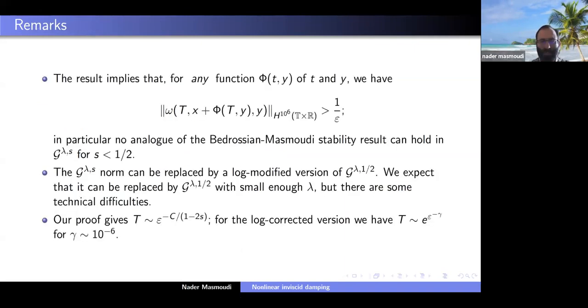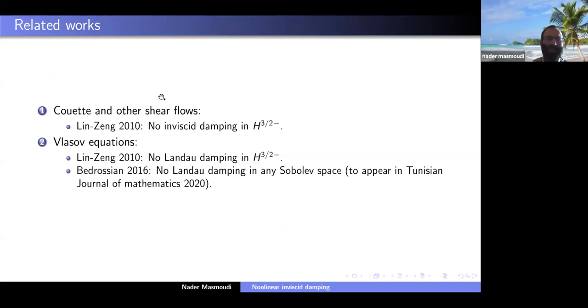This result here is also related to other results that show that the Couette flow is not asymptotically stable in some kind of Sobolev regularities. There was a paper of Lin and Zhang proving that in H^{3/2}.